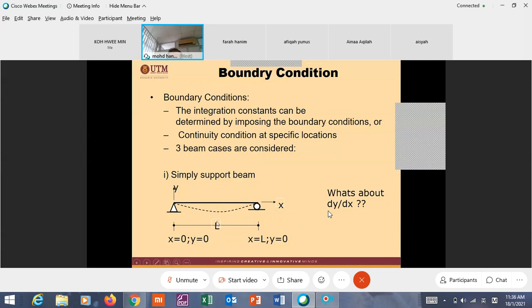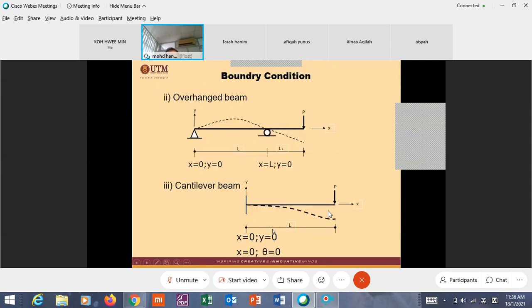So if it is symmetrical, we have three boundary conditions. But we don't need three, because we have only two unknowns. So these two boundary conditions are enough to solve for C1 and C2.